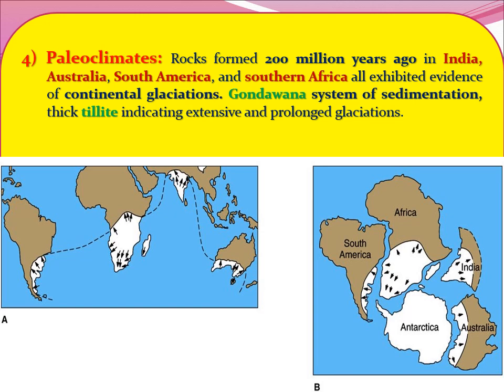The last evidence Alfred Wegener presented is paleoclimate. The rocks formed 200 million years ago in India, Australia, South America, and Southern Africa all exhibited evidence of continental glaciation.